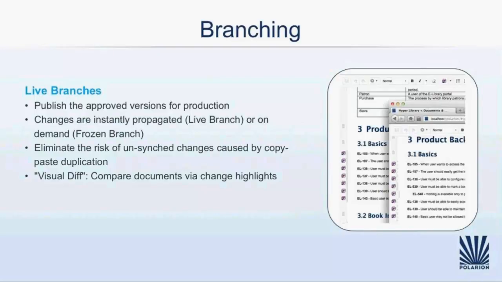A branch itself is not really a copy of the data. It just points to the master document and also to individual work items. So this eliminates the risk of unsynchronized changes caused by copy and paste duplication. Changes can be propagated live. This is why we call it a live branch. They can be propagated instantly or on demand. Then we spoke about frozen references.